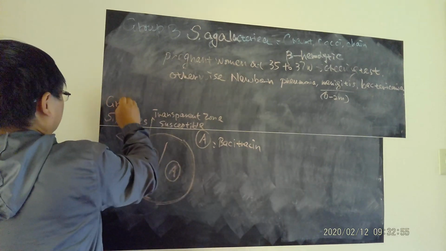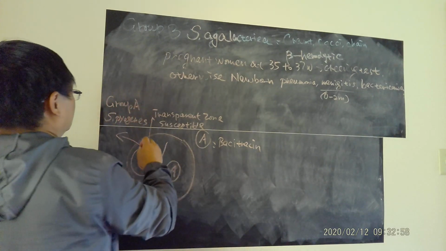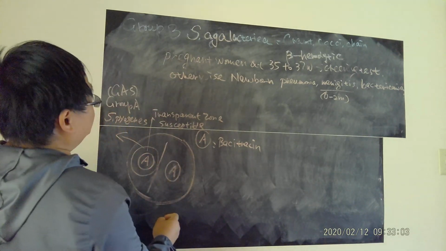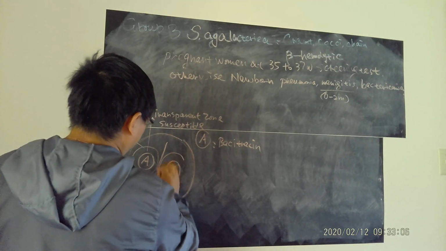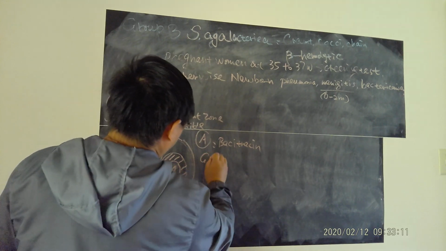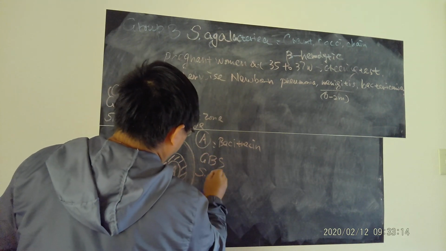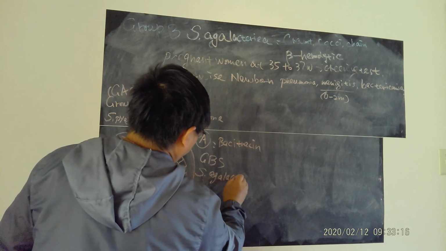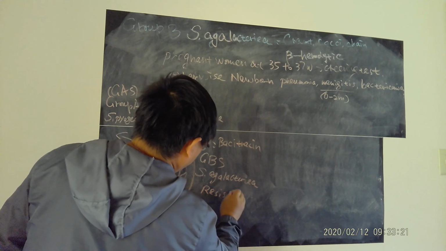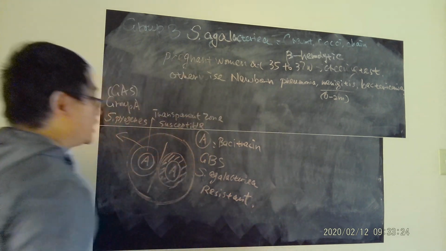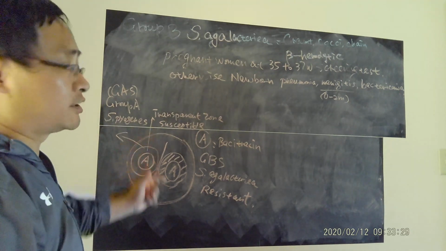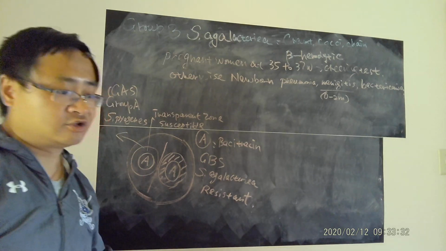This is group A, which you can call GAS. Now for the right side, if you have GBS, group B, Streptococcus agalactiae, it will be resistant to the A disc, which is bacitracin. So in the clinical area, we use this to diagnose and do a very quick test.